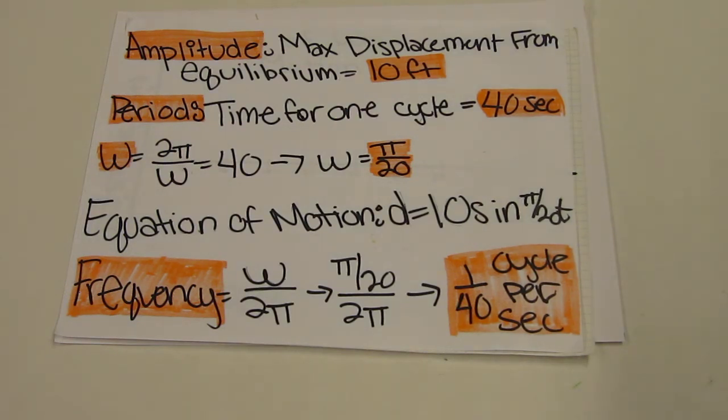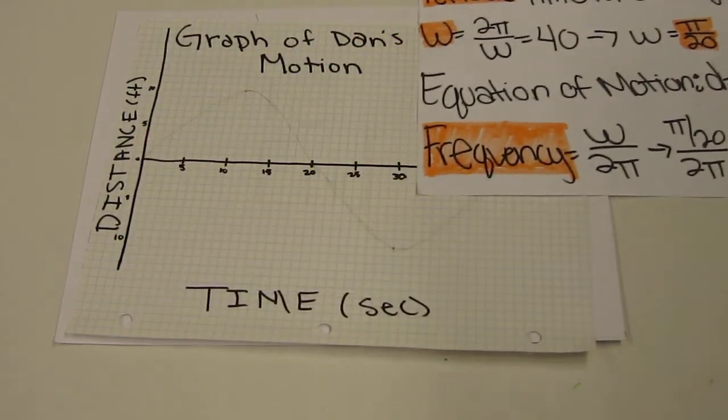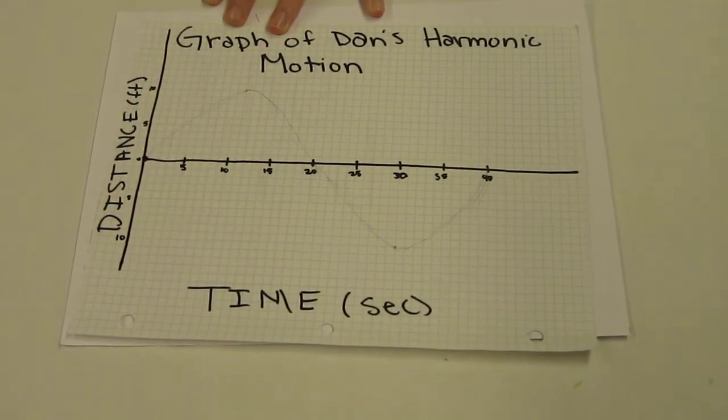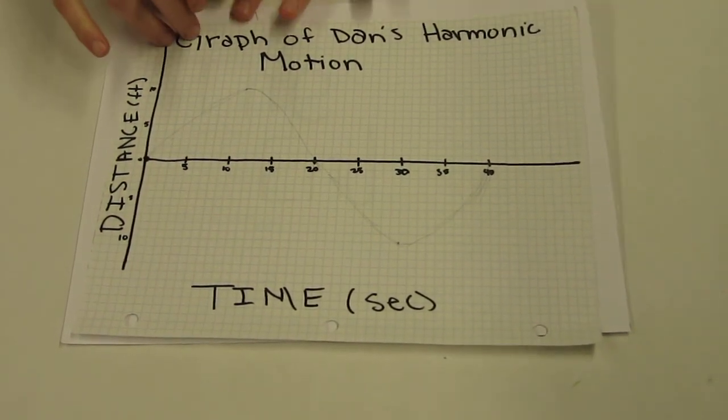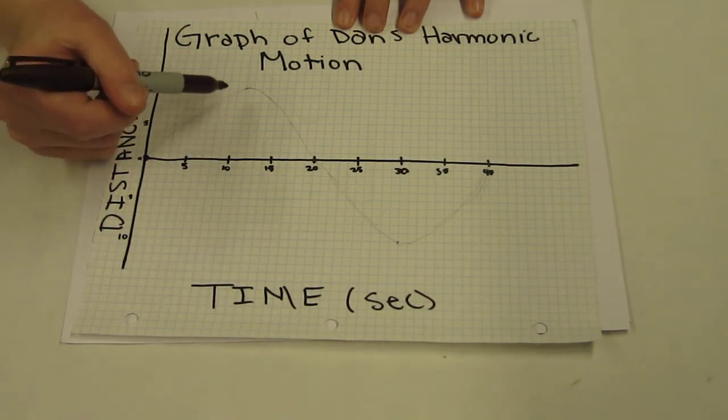To create this graph, draw a point at (0, 0) to represent the wrecking ball at its equilibrium. Next, find the distance the wrecking ball swings in intervals of 10 seconds.